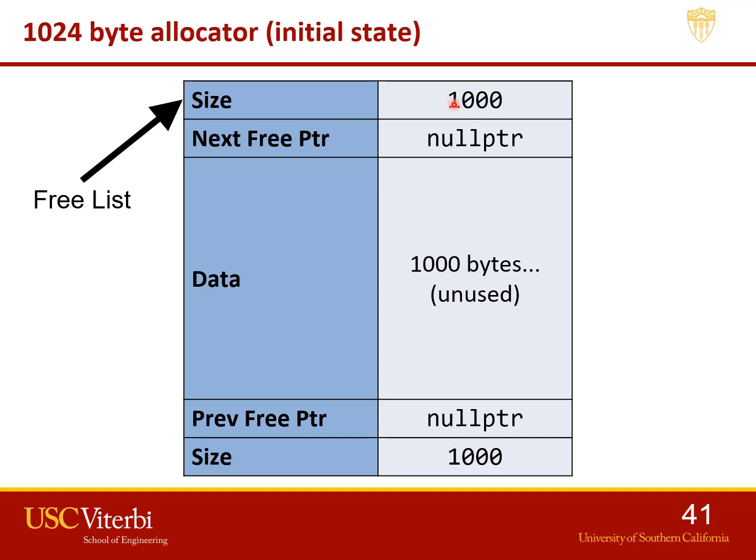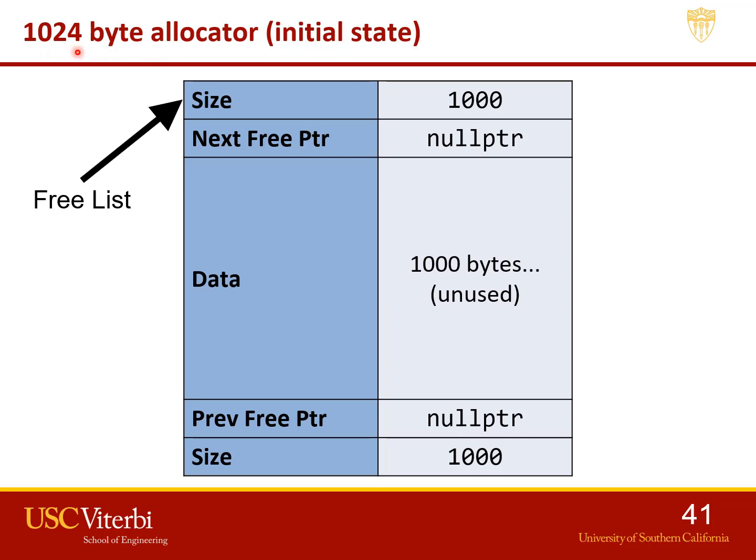So we'll tag the beginning with the size. We'll put the next free pointer. Well, there are no next pointers, so that's a null. Then comes our unused bytes. Put the null again for the previous free, because there are no other blocks, and then repeat the size again, 1000. Now, notice I said it was a 1024 allocator, or it's a 1024 byte, I should say.